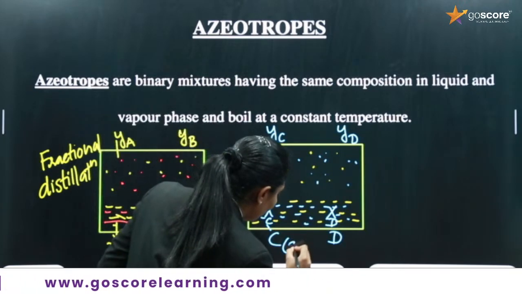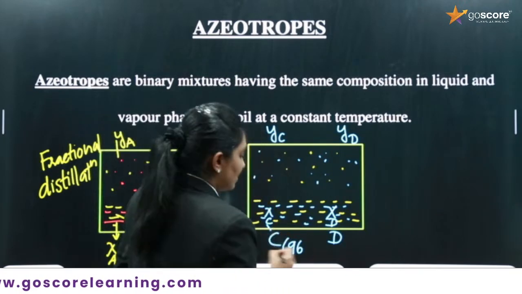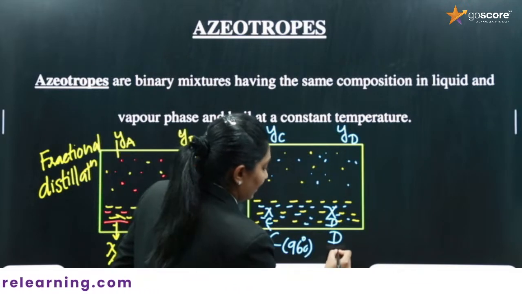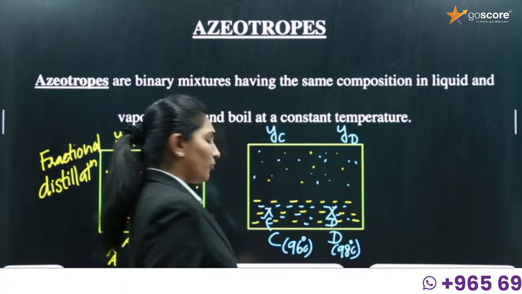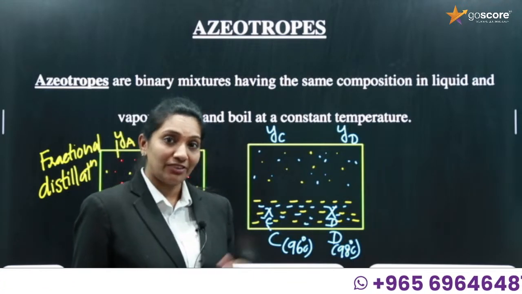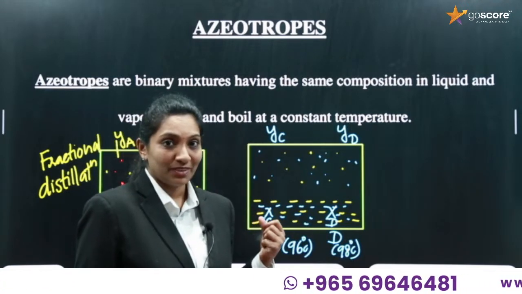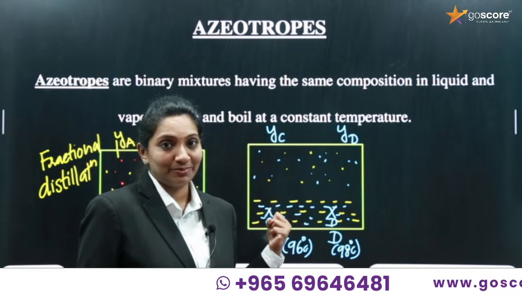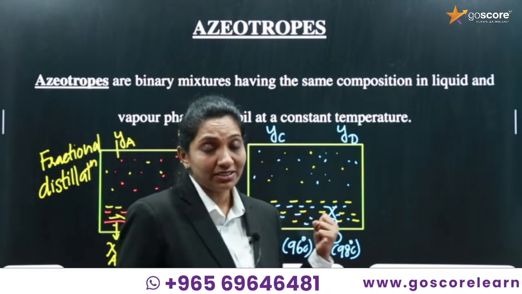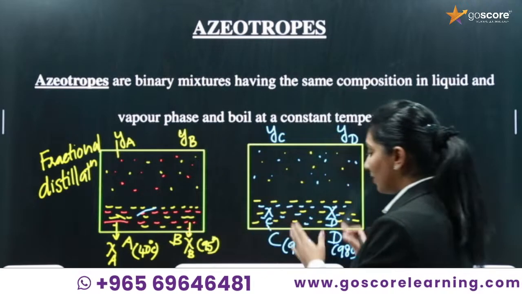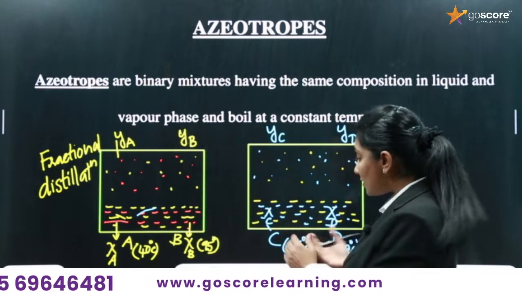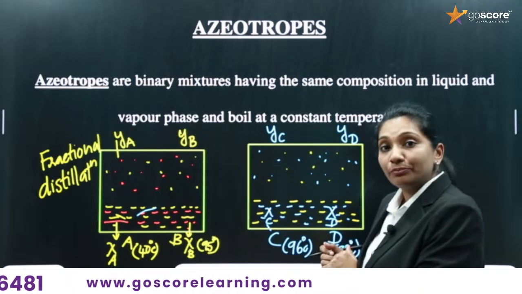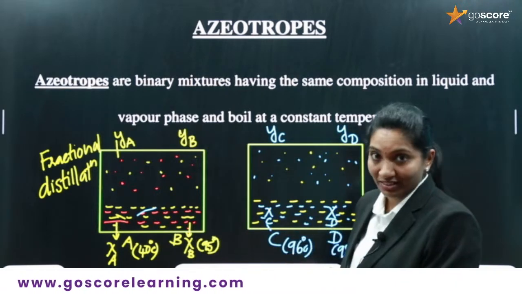Now, if the boiling point of C is 96 degrees and that of D is 98 degrees, how can we separate these two components from a mixture of C and D? It is very difficult to separate C and D by fractional distillation because they have boiling point values close to each other, right?